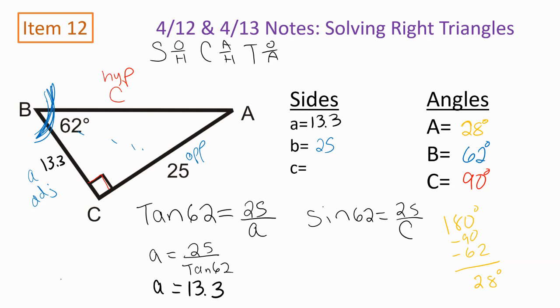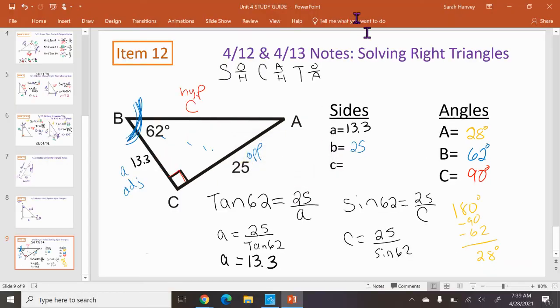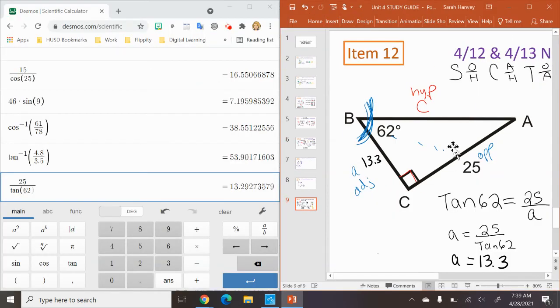And we're going to do the same thing. C is going to be, since the unknown is in the denominator, it's dividing. We're going to divide these, 25 over sine 62. And of course, we need our calculator again. Let me move this over.